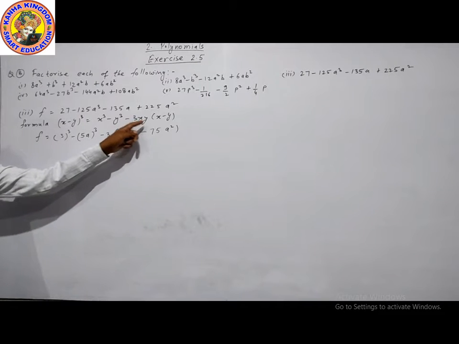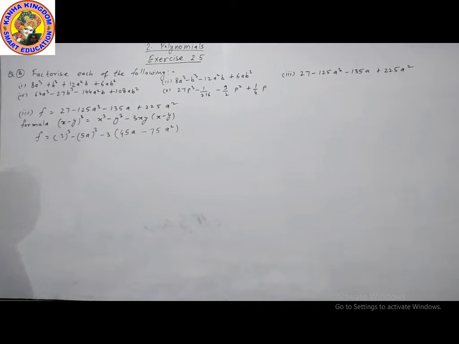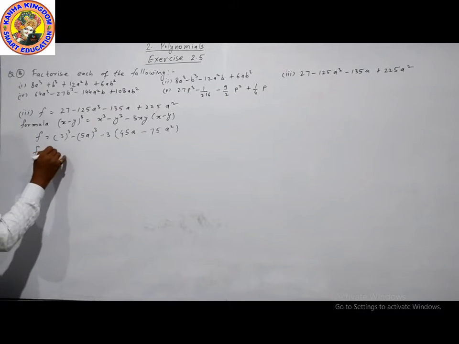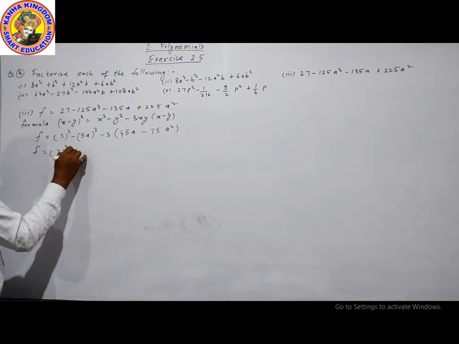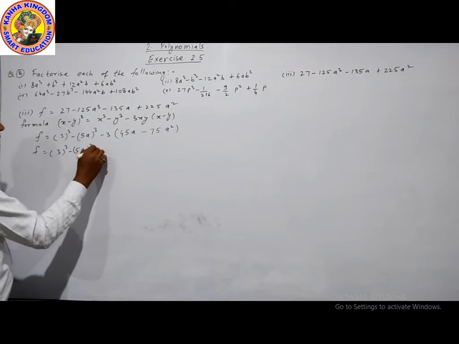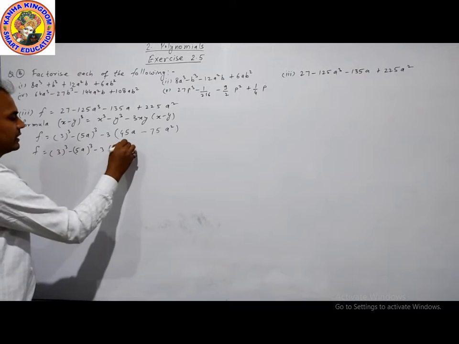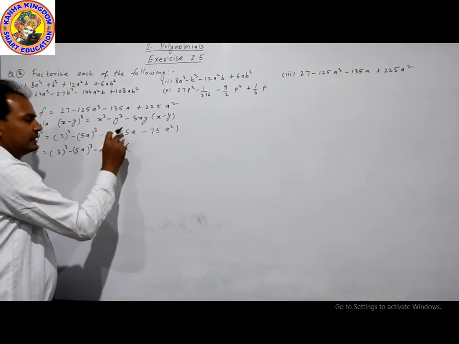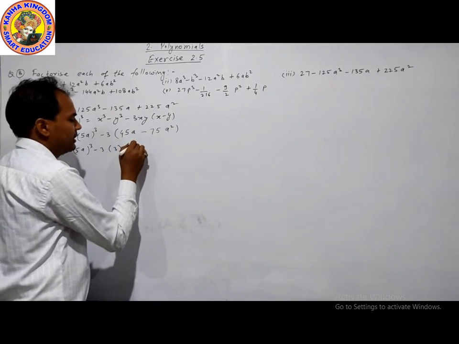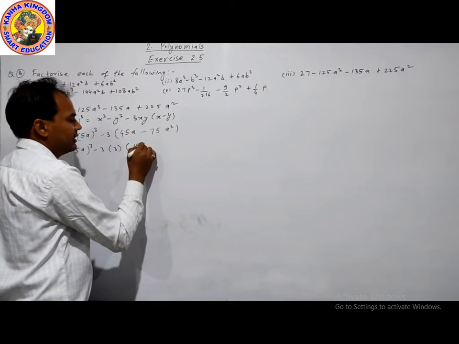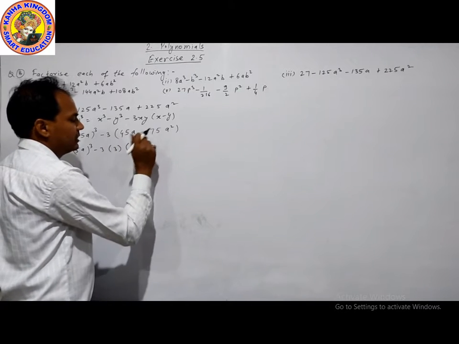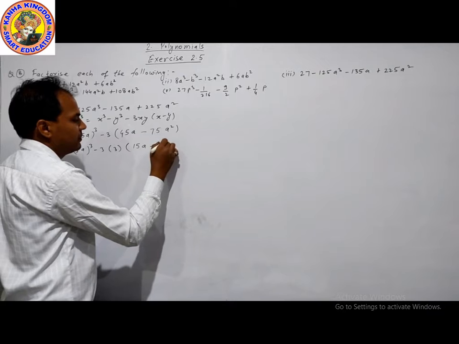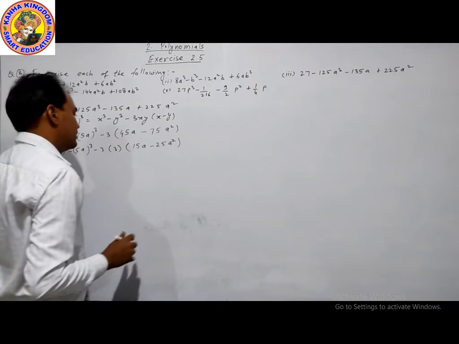Now taking x and y as a common, x is 3. First of all, we take 3 as a common part: 3 cube minus 5a cube minus 3. Taking 3 as a common, this will be 15a, and 2 times 5 times a square.